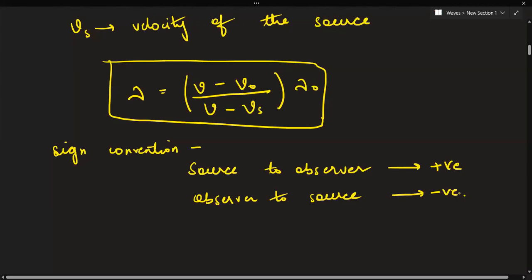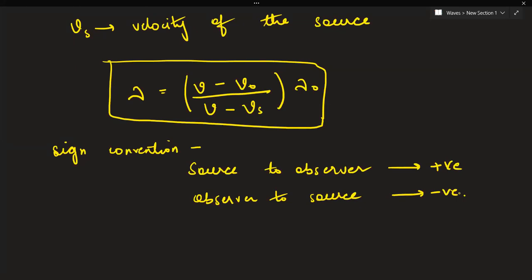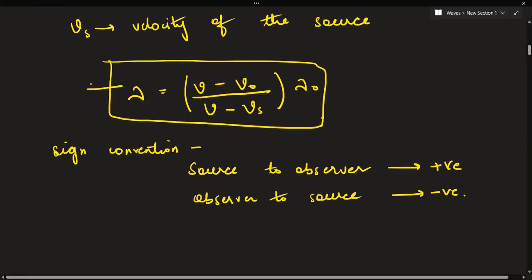So if the source is moving towards the observer, you can take it as positive. This is for the medium at rest. The medium is not moving. If the medium also moves, then we have to add one more component.